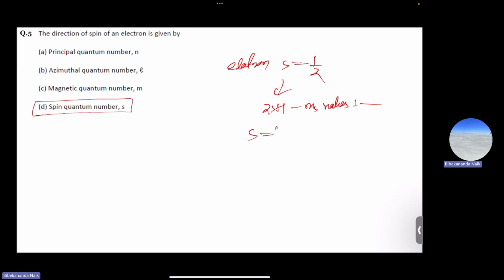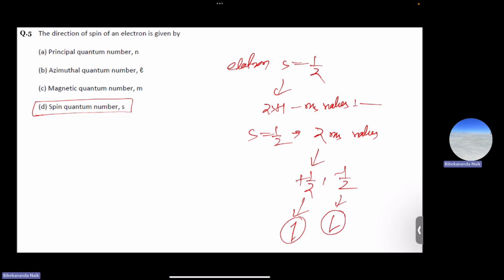Since s is half, we have 2 ms values, which are plus half and minus half. Plus half means spin up and minus half means spin down. So there are two different orientations of electrons, so there are two values of ms.